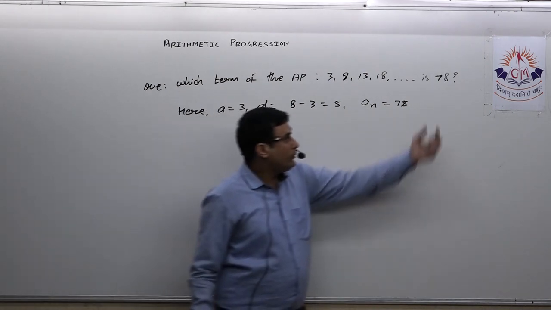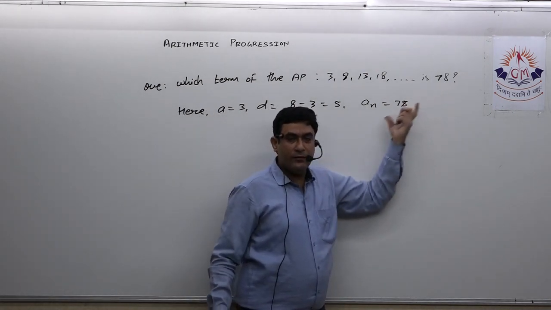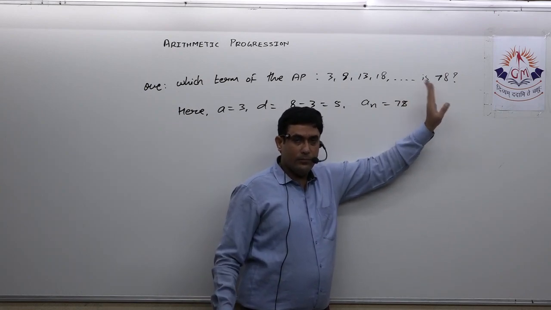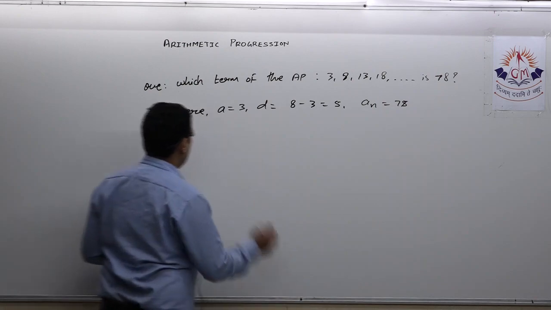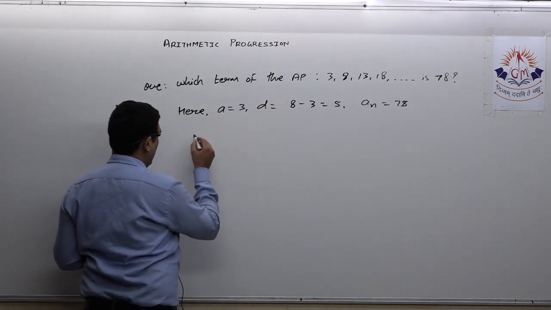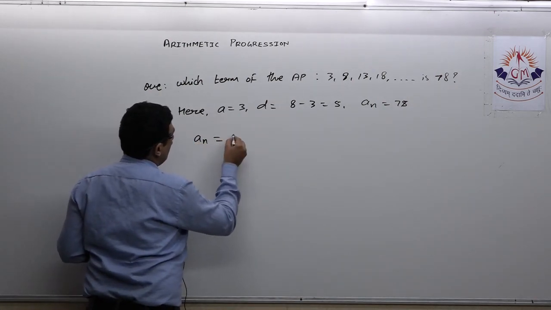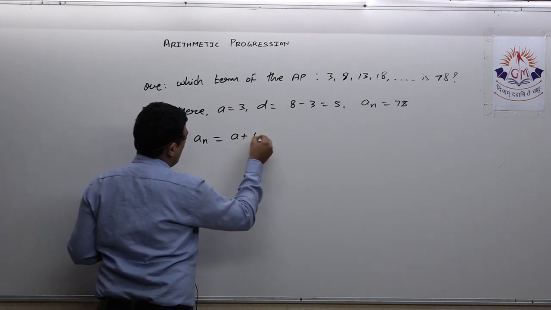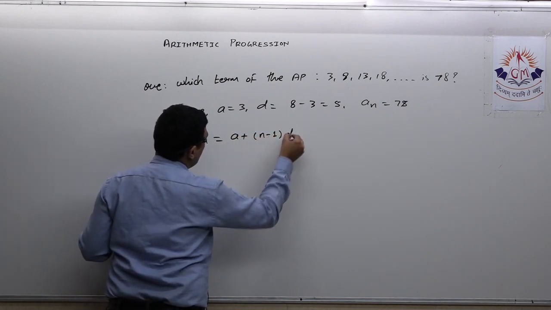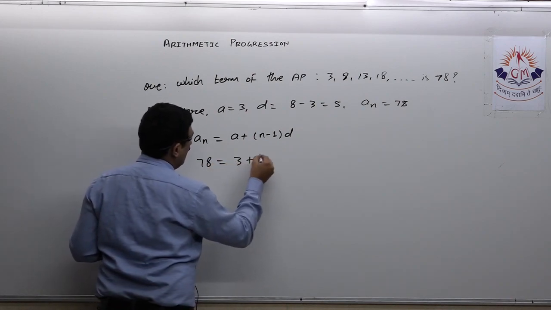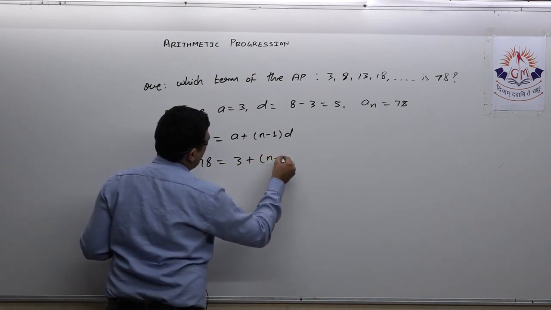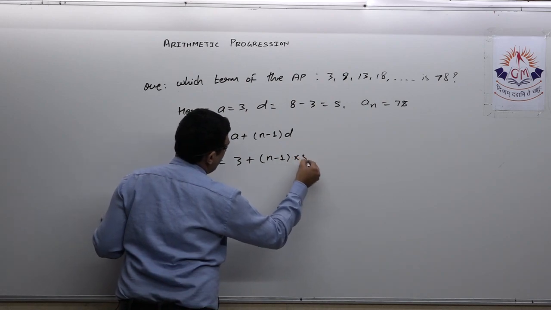That means at what position I will get 78, whether it is the value of the 7th term or 13th term or 11th term, that I have to obtain. So again I will apply the formula of An only. An is equal to a plus (n minus 1) into d. An is 78, a is 3, n minus 1, d is 5.